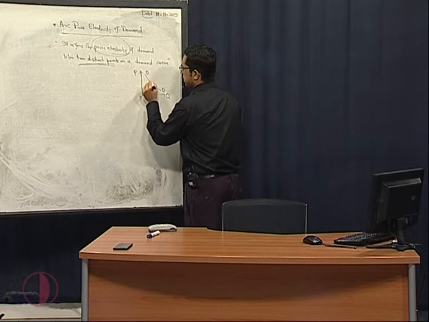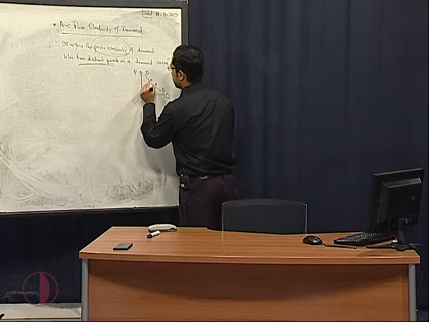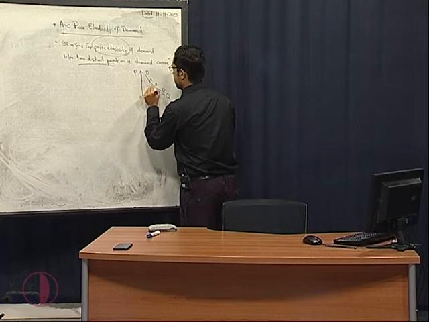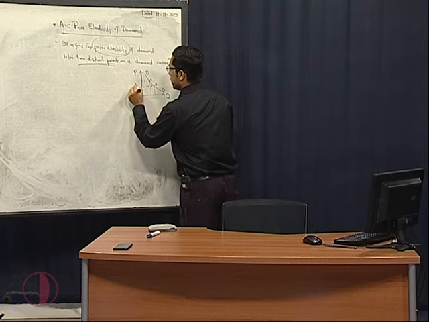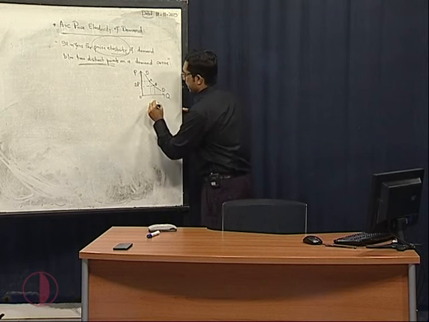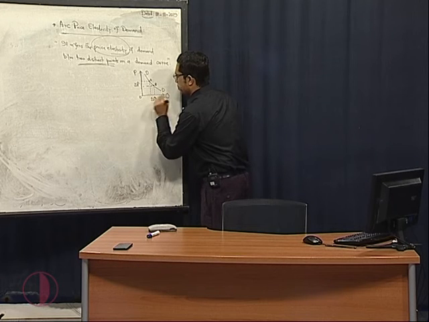For example, this is point A and this is point B. This is the change in price level, and this is the change in quantity.